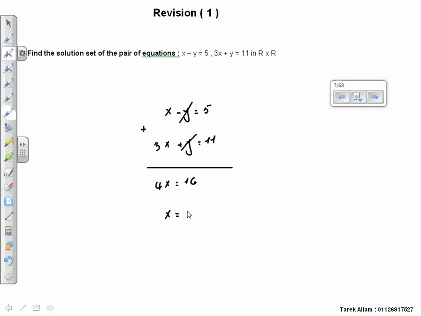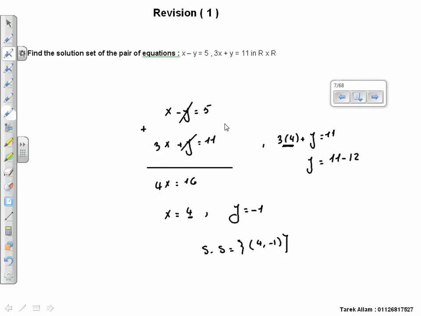So the value of x equals 16 divided by 4, x equal 4, and you get the value of y by substituting the value of x in any of the two equations. For example, let's substitute in the second one the value of x equal 4. So 3 times 4 plus y equal 11. So y equal 11 minus 12, 3 times 4, 12. So the value of y equal negative 1. Then the solution set is 4 and negative 1.